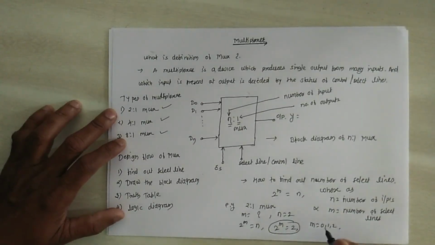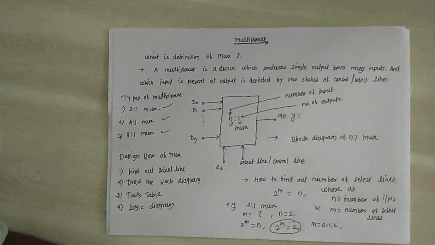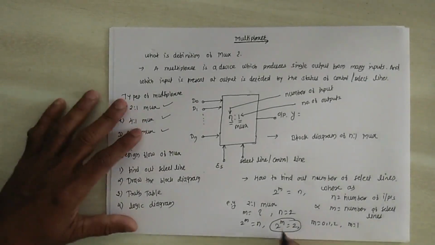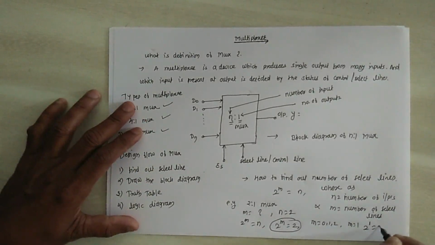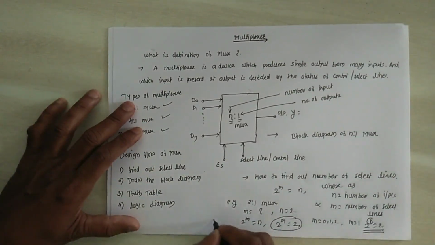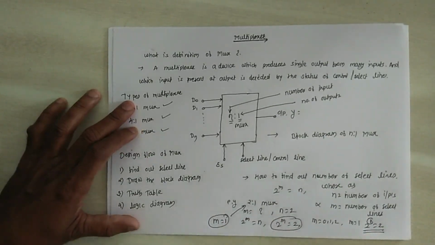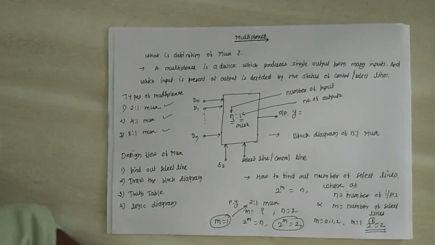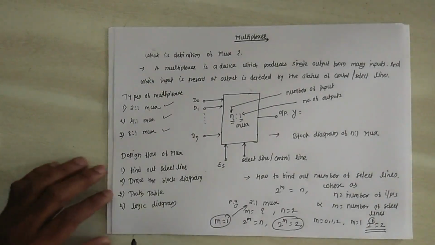If we put m equal to 0, 2 raised to 0 becomes 1, so it is not a valid condition. So we put m equal to 1. Then 2 raised to 1 is equal to 2. So we need one select line, m equal to 1, to design a 2:1 mux. In this way we first find out how many select lines are required to design a specific mux.